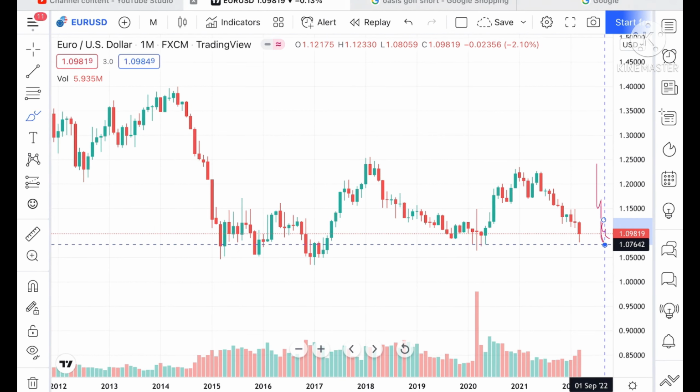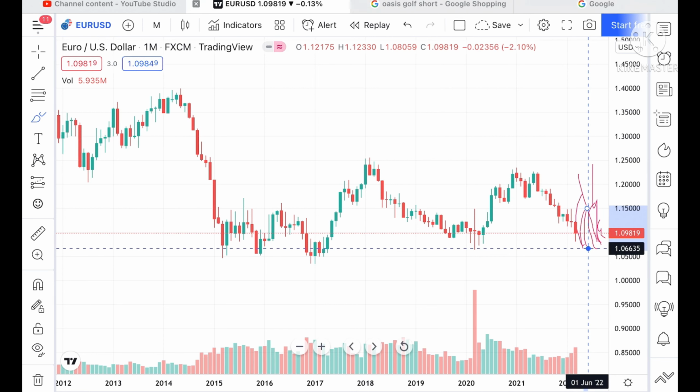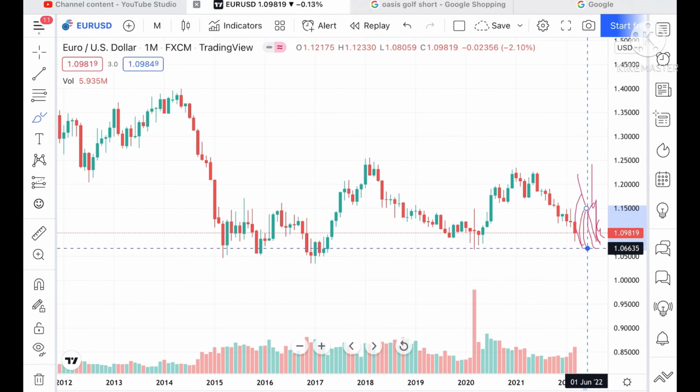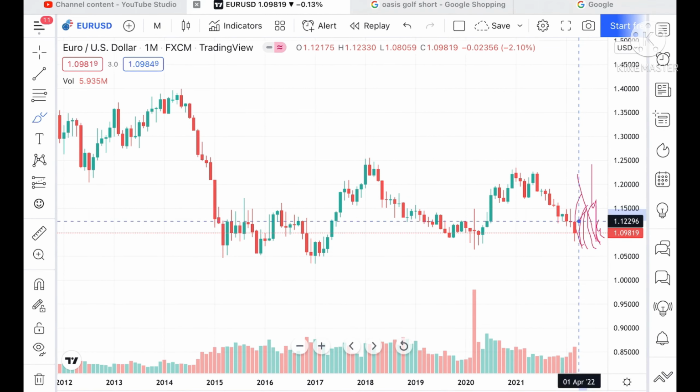Again I repeat, suppose the price goes below 1.08271, then it can fall further towards 1.0756, and from there it can move further low towards 1.06635. Once it goes below 1.0635, it can fall further towards 1.052, and from there towards 1.0391.